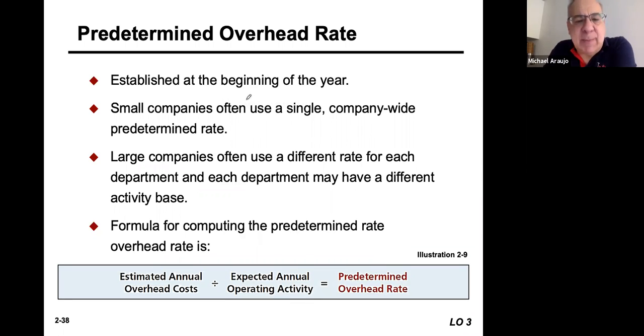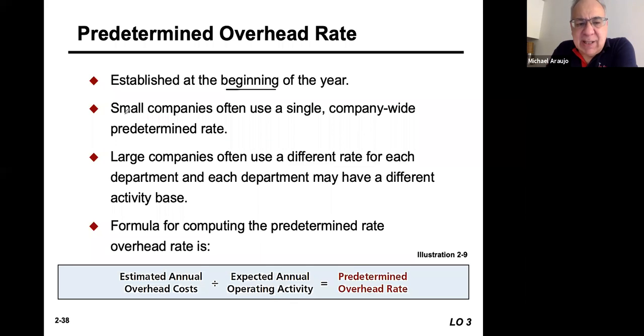This is something that has to be established at the beginning of the year because, again, they need to estimate how much overhead costs are going to be for the year. And that's how they start determining how to allocate overhead to each job.